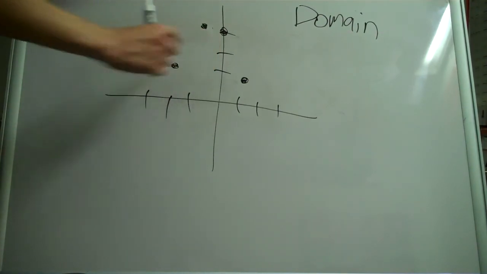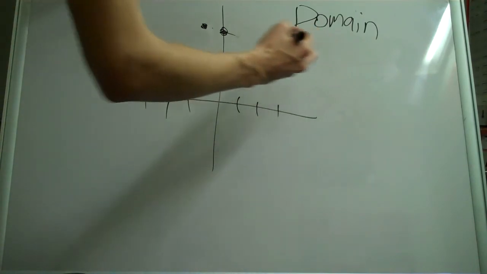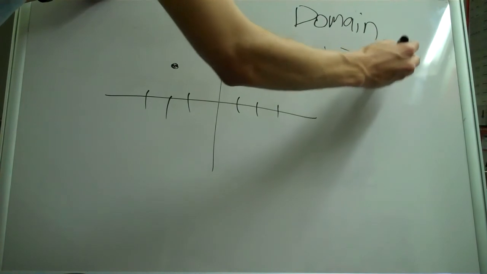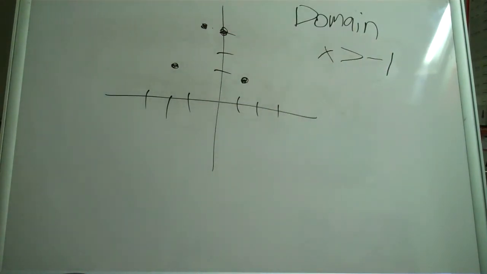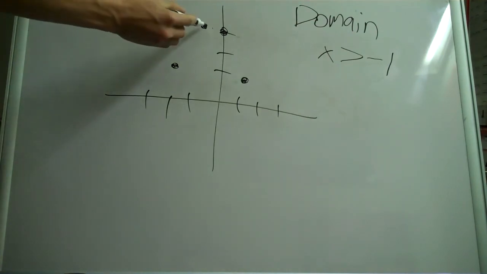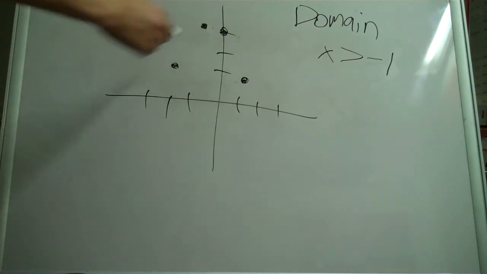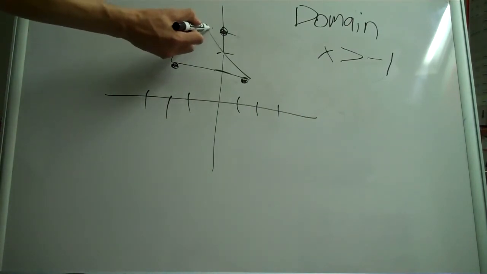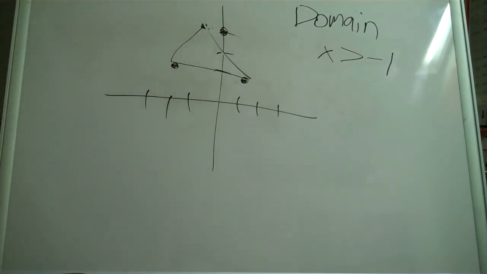So we know part of our domain is going to be x is greater than -1. I put greater than and not greater than or equal to because it cannot be equal to this point right here. Why? Because that's just going to make a triangle, right? It has to be some distance from here, and we'll be fine.